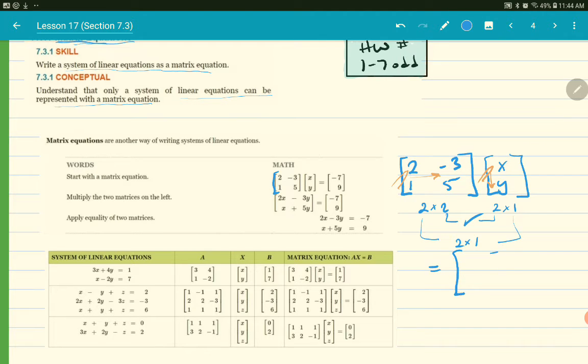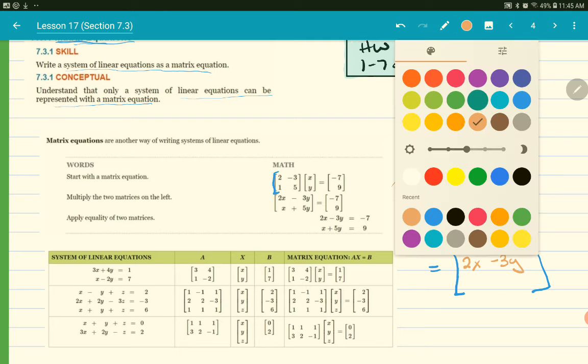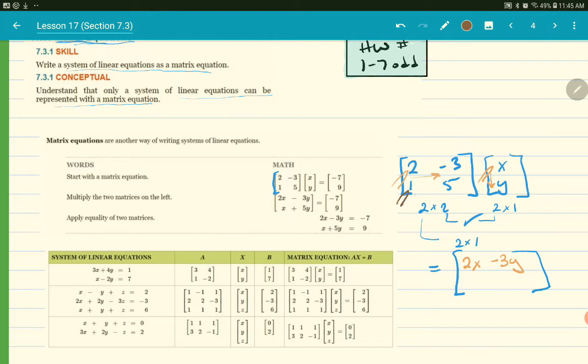My 2 by 1 matrix, I'm going to make it big so I can show my work. With my finger, I slide along the top row on the left and the first column on the right, and I say 2 times x plus negative 3y. That's my first entry. Then I do that same process for the second row, first column, and that is 1 times x plus 5 times y. And so that's a 2 by 1 matrix.